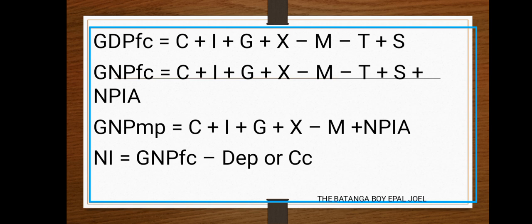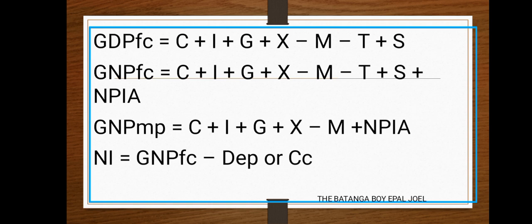Now the next thing is gross national product at market prices. If you are asked to calculate gross national product at market prices, take note, what you will be using is consumption plus investment plus government expenditure plus export minus import, which is gross domestic product at market prices. Then you add the value of net property income from abroad.